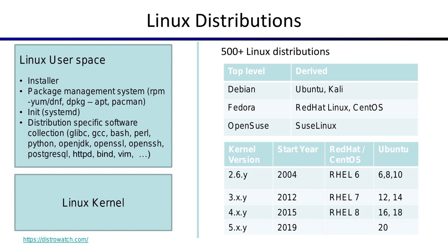So Linux distributions focus on a few things. One, the installation experience. The distributions will come with an installer that helps you install Linux on the hardware system that you're using. There is a package management system that comes along with it. Now RPM and dpkg are two big ones that are used.